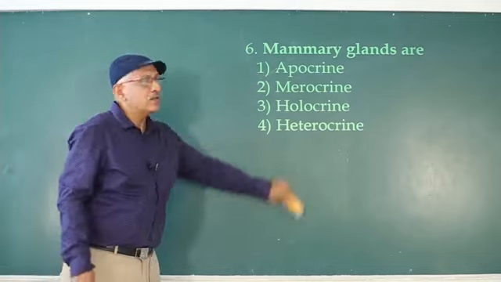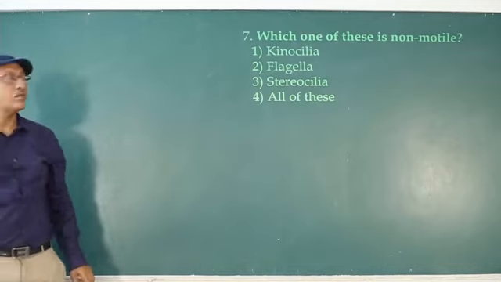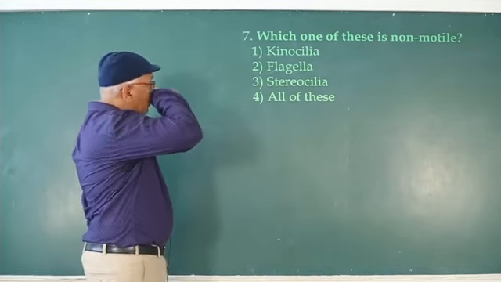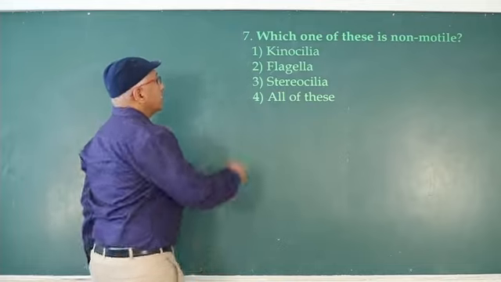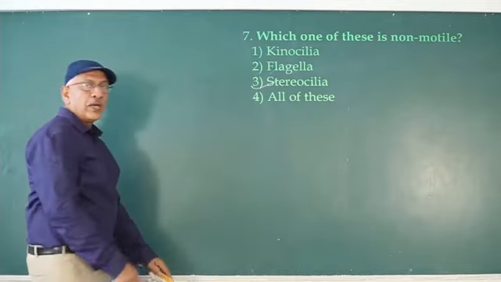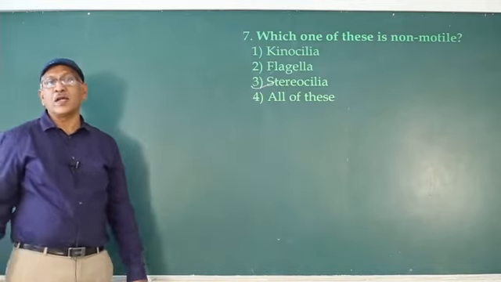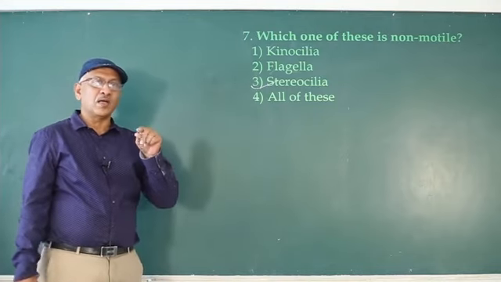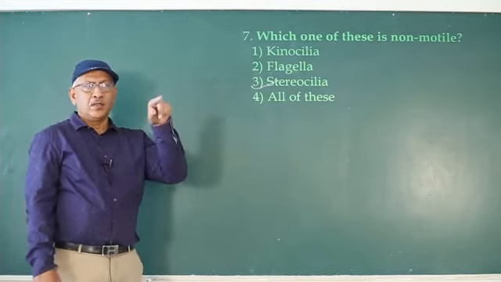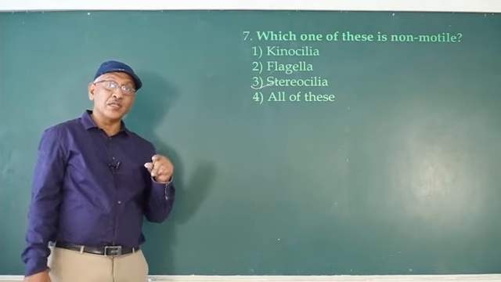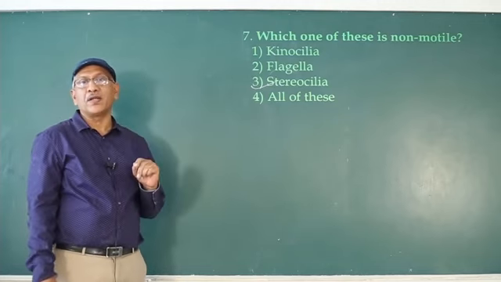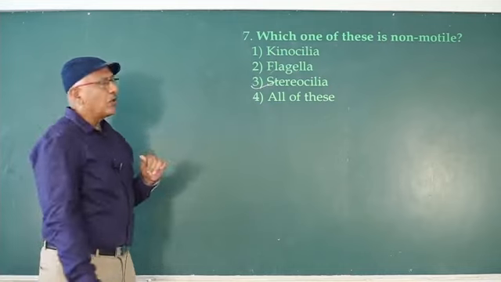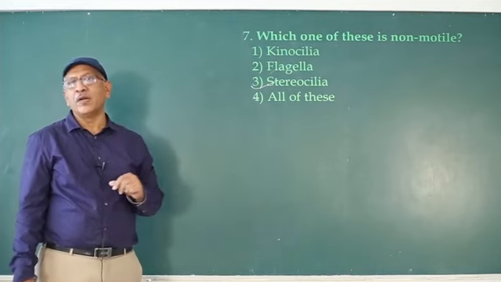So the next question is, which one of these is non-motile? Stereocilia, no movement. We already discussed this while discussing the internal ear, organ of Corti. Above the organ of Corti, stereocilia. Above the stereocilia, tectorial membrane. So they resemble cilia, but have no movement.